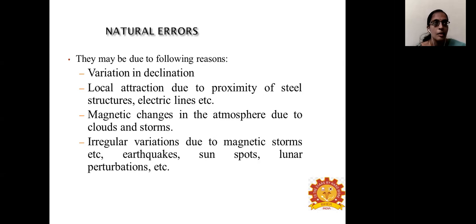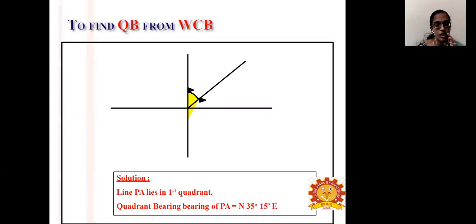What happens is the magnet starts to deflect in a certain direction, and magnetic changes in the atmosphere may be due to clouds and storms, and irregular variation due to magnetic storms, etc. Or this may be due to certain earthquakes, sunspots or any lunar perturbation. And so what we have to do is find the quadrantal bearing system from the whole circle bearing system.